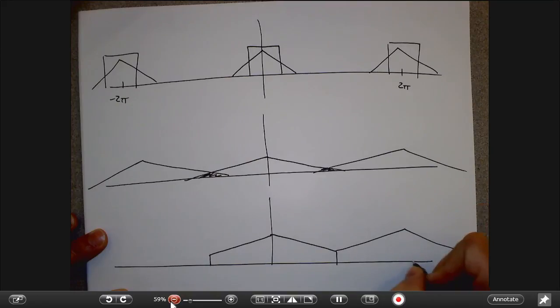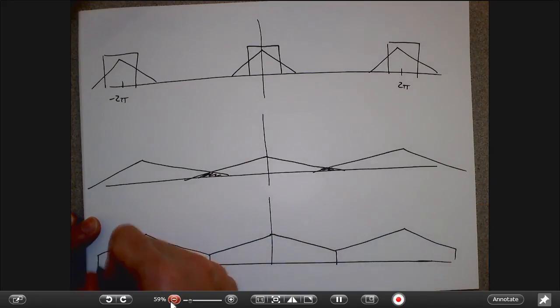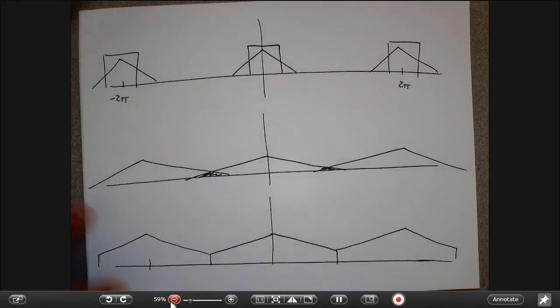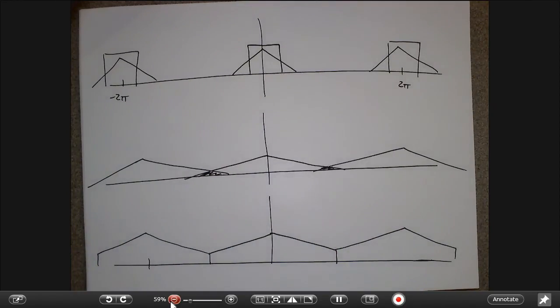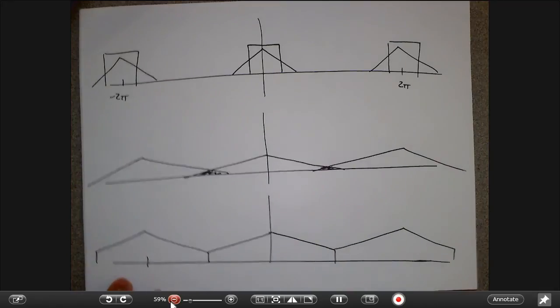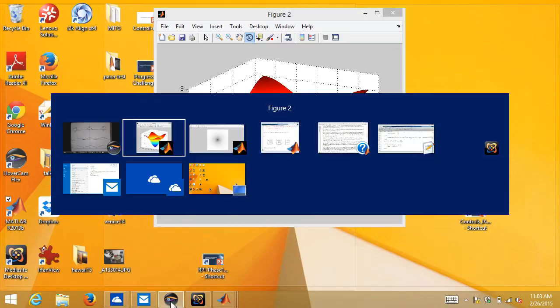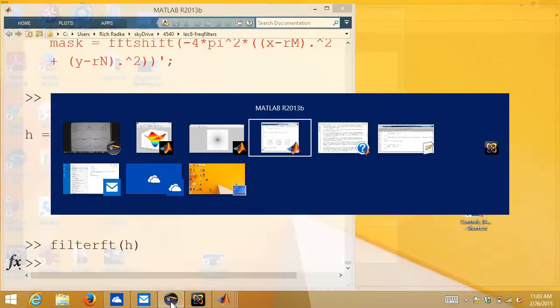In some sense, I've already cut out some high frequency information that I wouldn't be able to resolve anyway, but I have avoided any additional artifacts by having low frequencies mixed in with high frequencies. So this is exactly the same concept that we talked about in DSP, and so we can go back and look at that lecture for what happens when I downsample a signal. And so here's an example of that in MATLAB.